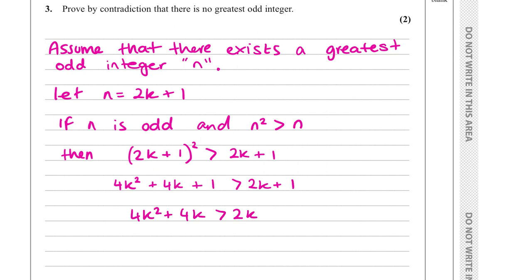So now we're going to factorize out, so we're going to get 2k lots of what? 2k plus 2. This is greater than 2k. This will always be true, right?